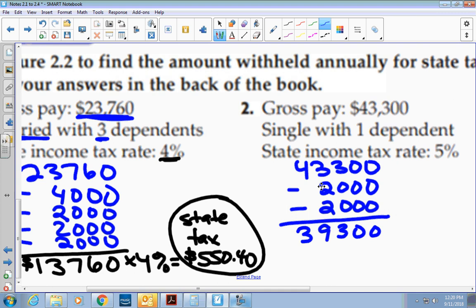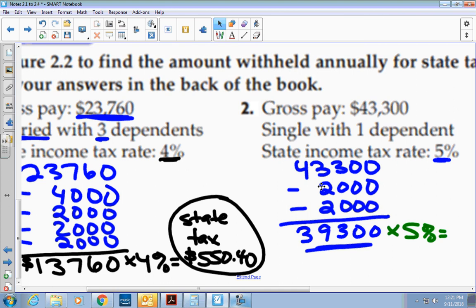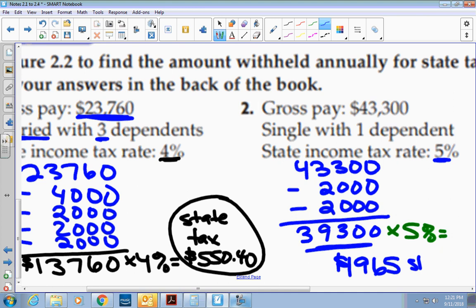So we're going to take 5% of this number, and that is what our tax is going to be. I put that in my calculator, 39,300 times 5%: $1,965 in state tax.